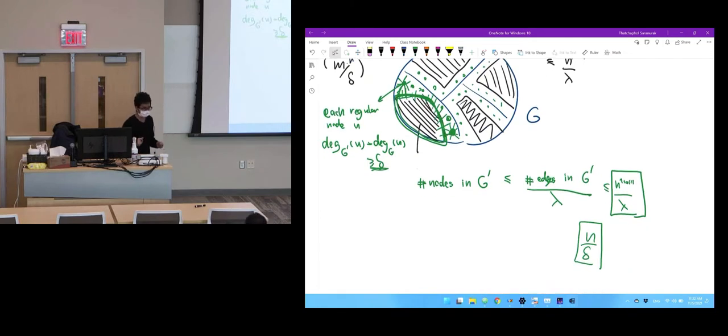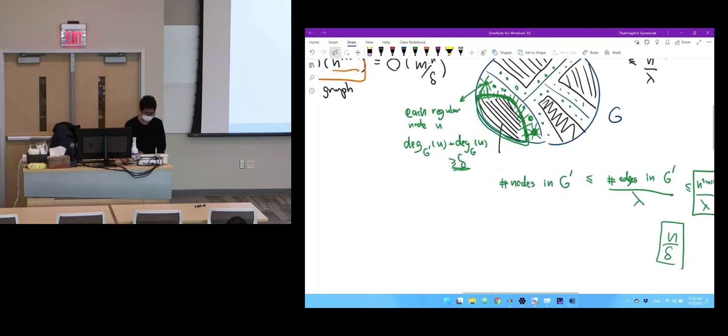We have that the bigger the lambda is, the larger the edge connectivity is, then you can shrink the graph more, and you really preserve exactly the non-trivial min cuts in the graph. So that's quite neat.